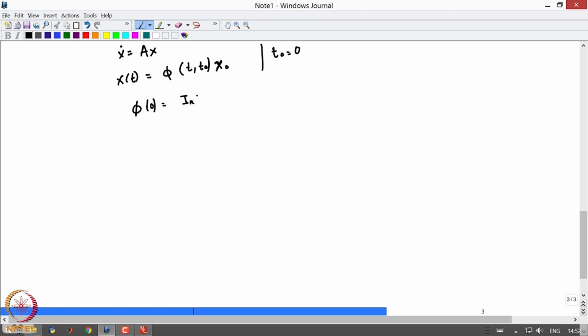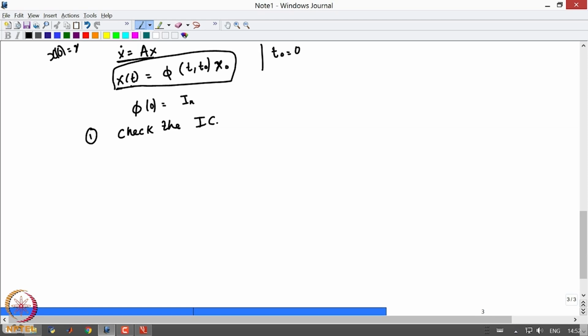Now what I claim is that the solution to x dot equal to A x is just this expression here. So how do I verify this? First, check the initial conditions. What is the initial condition for the original differential equation? That x at 0 was x naught.